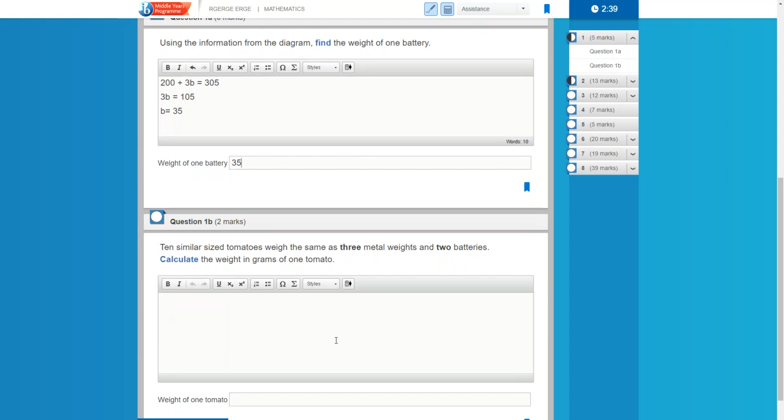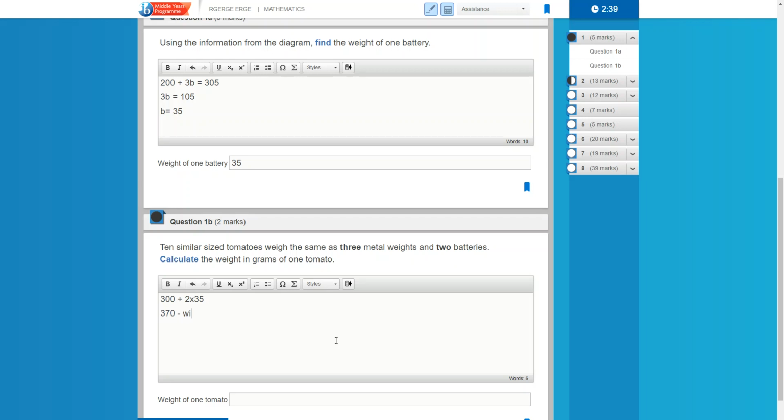Part B. 10 similar sized tomatoes weigh the same as 3 metal weights and 2 batteries. Calculate the weight in grams of one tomato. So 3 metal weights is 300 plus 2 batteries, so 2 times 35, so that's 70, that is 370.